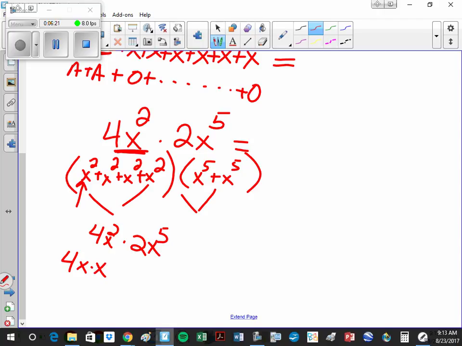Does everybody agree? Repeated multiplication turns into exponents. Okay, and then this would be 2 times 5 x's. Are they added or are they multiplied? Multiplied together. So x times x times x times x.